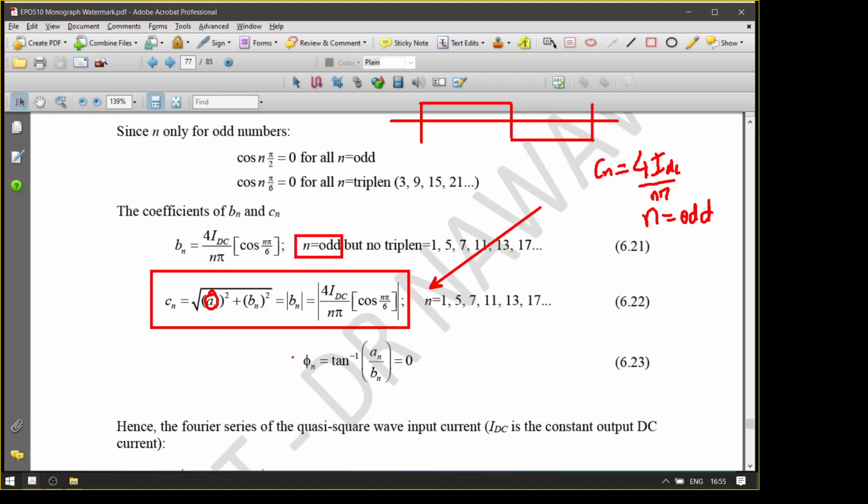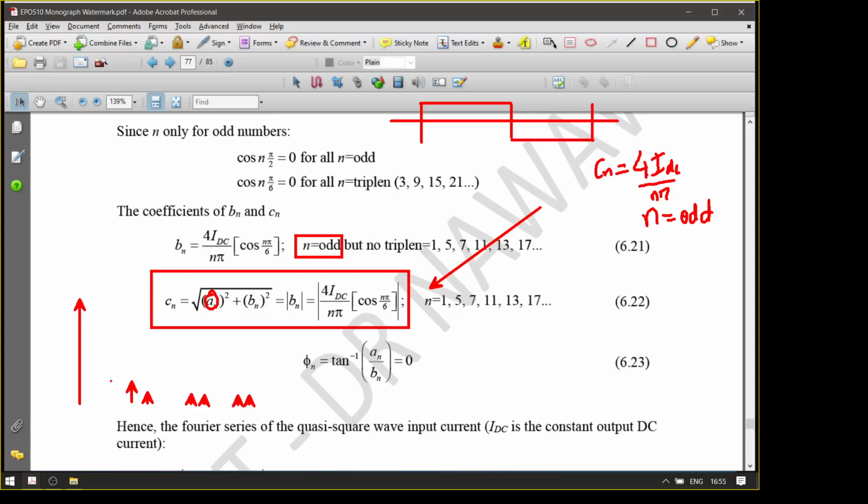If you look at the harmonic spectrum of the quasi square waveform, you only see the fundamental, there's no third harmonic, then you have 5th, 7th, 11, 13, 17, 19, and the rest.